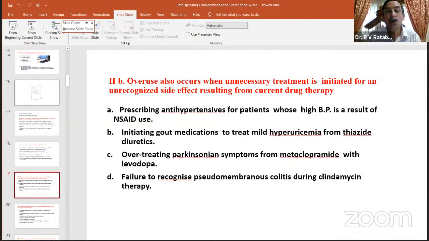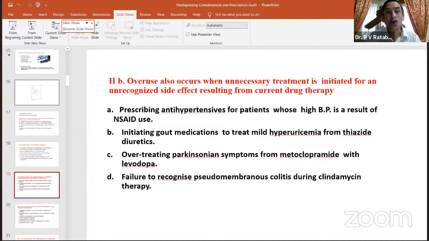Then overuse also occurs when unnecessary treatment is initiated for an unrecognized side effect resulting from current drug therapy. Like, for example, prescribing antihypertensives for patients whose high BP is a result of non-steroidal anti-inflammatory drug use. There are so many people, especially elderly, who have been prescribed NSAIDs for some joint problem, and they are continuously taking them, going to the pharmacy, asking for NSAIDs, and the pharmacist obliges.